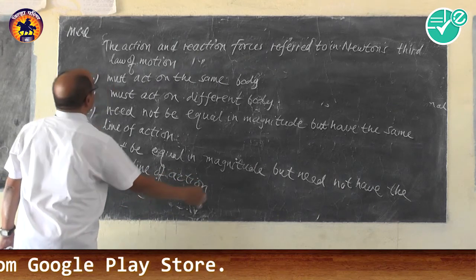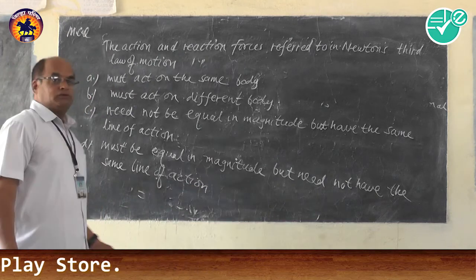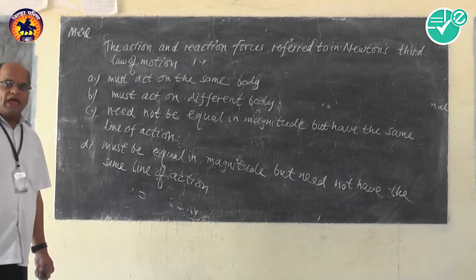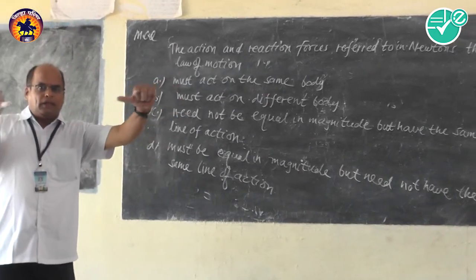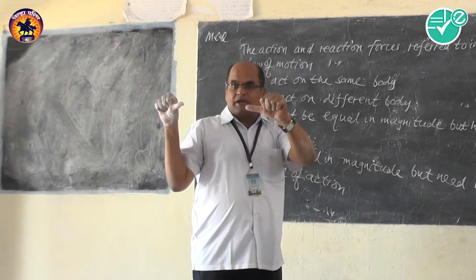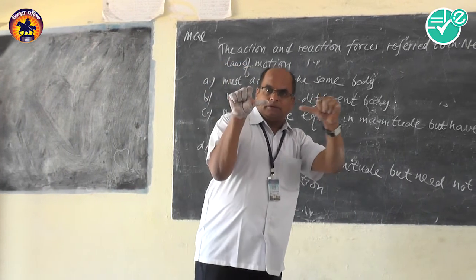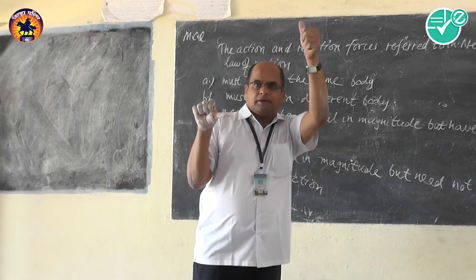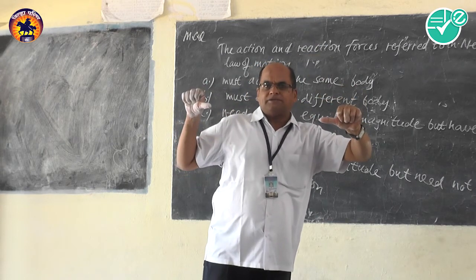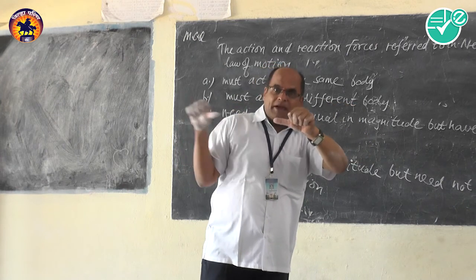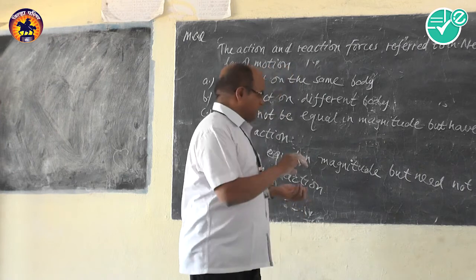I'll explain to you. What is Newton's third law of motion? To every action there is an equal and opposite reaction, and the line of action is the same here. Look at it. It never happens that action is this way and reaction is this way. Both actions and reactions are along the same line and equal in magnitude, but opposite in direction.